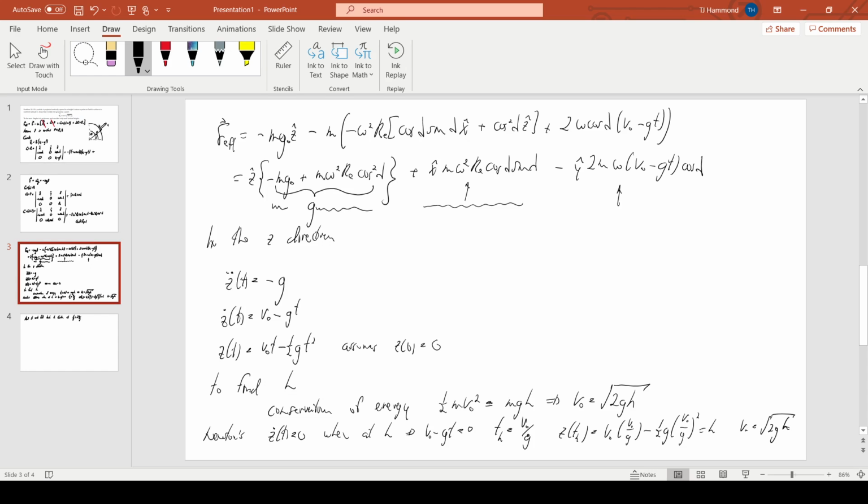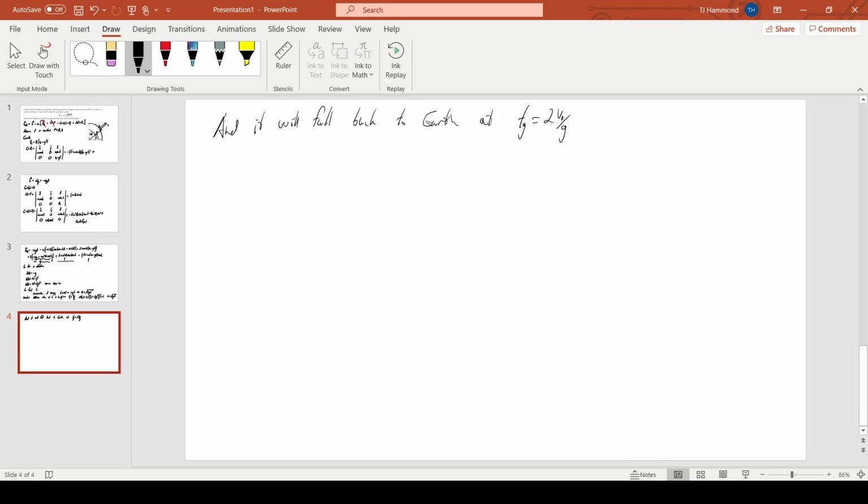It turns out the y hat direction, you can see from the v naught minus gt, also from the factor of 2 there, that that's going to be the Coriolis term. That's what your textbook uses, so I'll calculate that one first, and then I'll show what the x term yields, which is from the centripetal centrifugal acceleration, or centrifugal force.